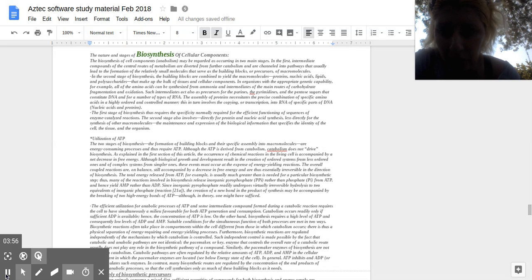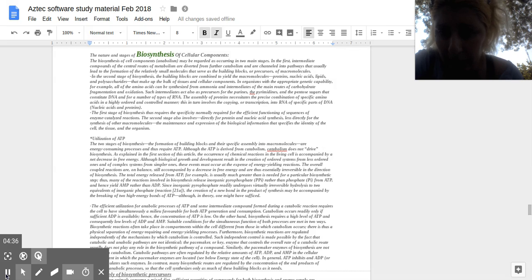In the second stage of biosynthesis, the building blocks are combined to yield macromolecules such as proteins, nucleic acids, lipids, and polysaccharides that make up the bulk of tissues and cellular components. In organisms with the appropriate genetic capability, for example, all the amino acids can be synthesized from ammonia and intermediates of the main routes of carbohydrate fragmentation and oxidation.